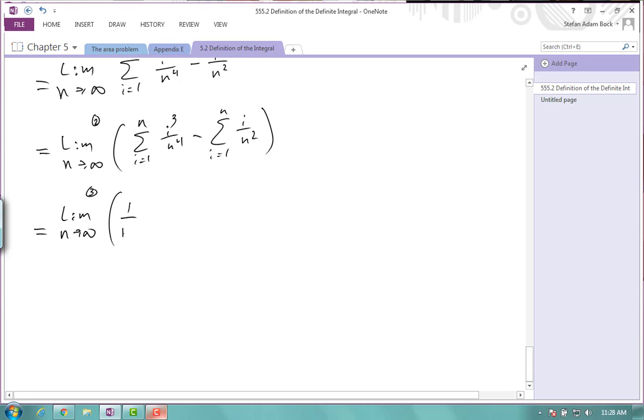So this is 1 over n to the 4th times the sum i equals 1 up to n of i cubed, minus the n's can come out, the i's have to stay, and these guys, they have formulas, which I'll make available once we get to the test.